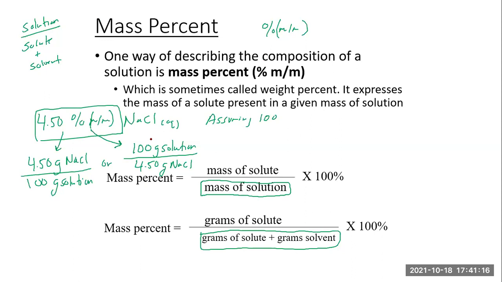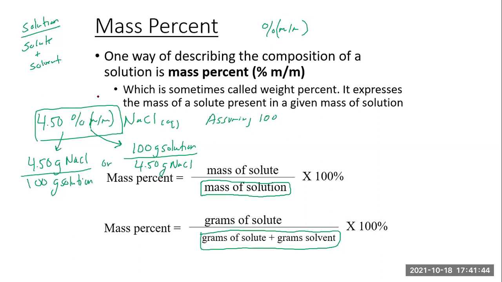Very common in these types of problems, the solvent and the solute masses are separated from each other in the problem. So you do want to make sure you add it. It's very common that people will get just the solvent instead of both the solute and the solvent to get to their solution.